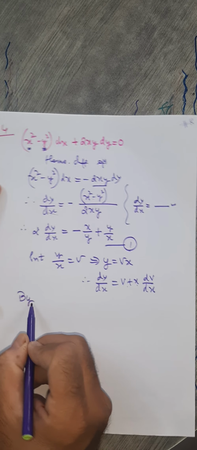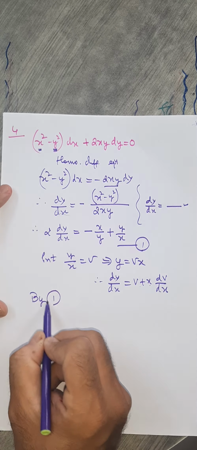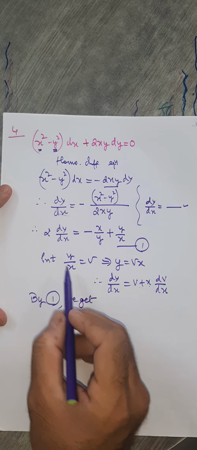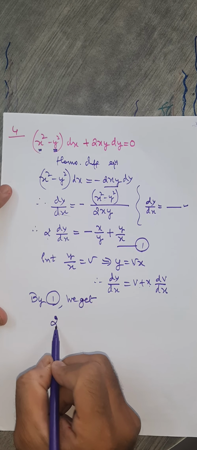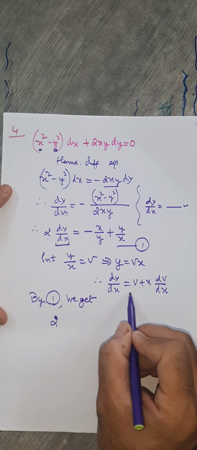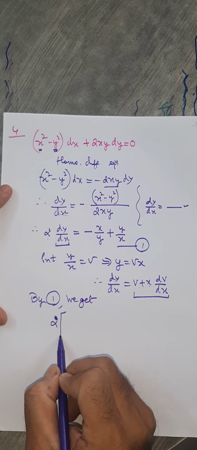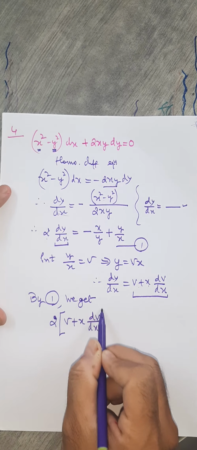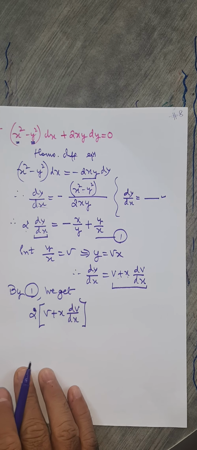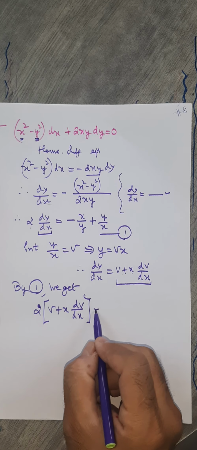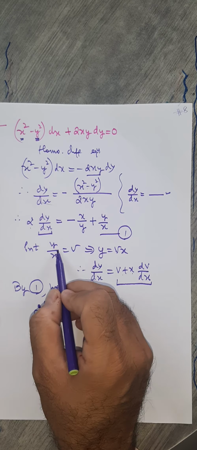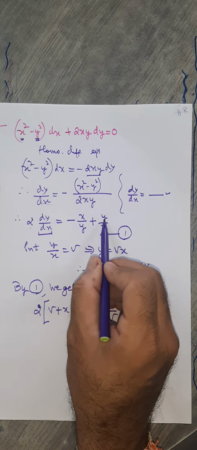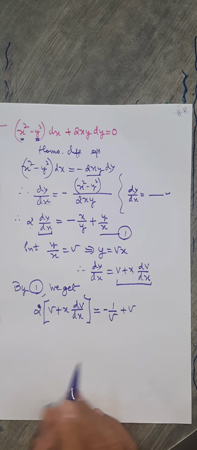So if you use this by 1, we get here, what we'll get, 2 times dy by dx, that is this much, v plus x into dv by dx, that is equals to, what's that, reciprocal of this, minus 1 by v, and this is just v.